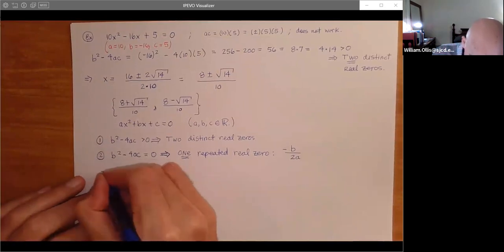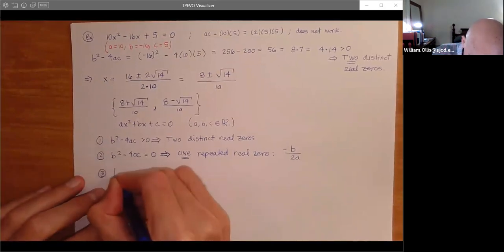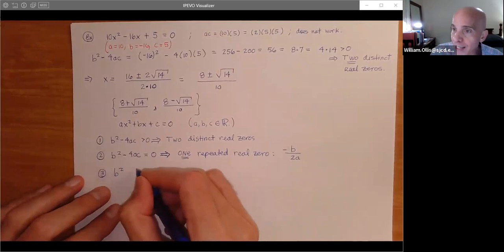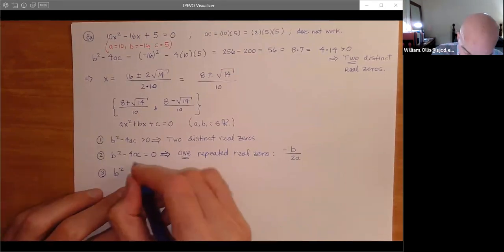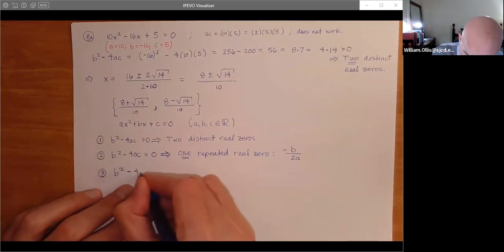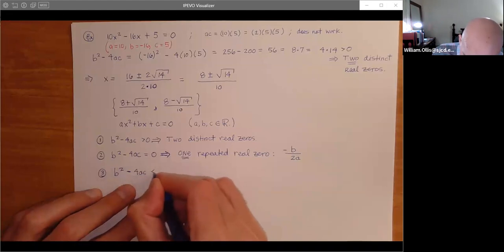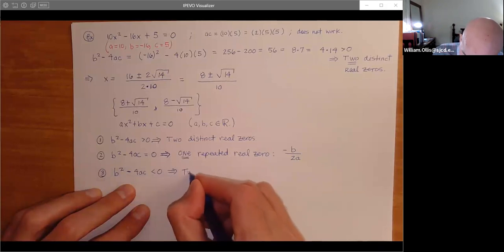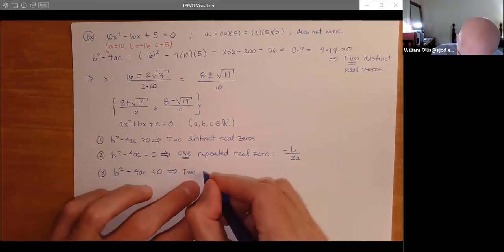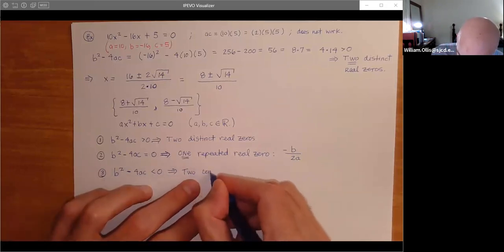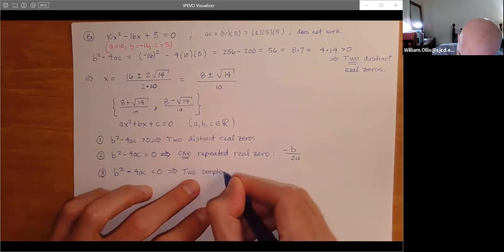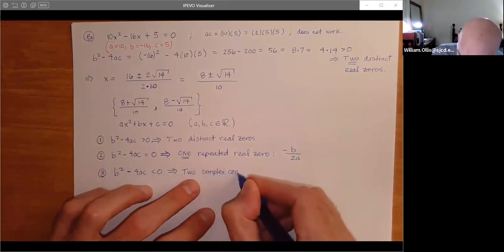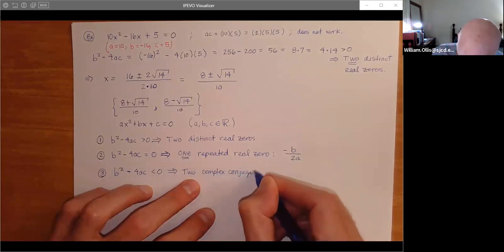And then number 3 would be, what's the other case? That is, the discriminant could be negative, less than 0. So this would imply 2 complex conjugate zeros.